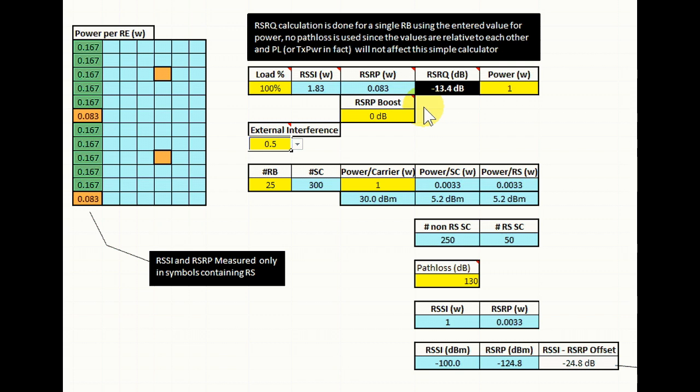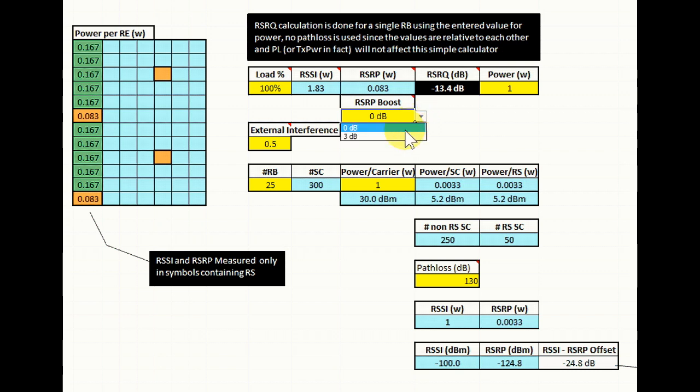In order to compensate for that, one thing that's available to the operator, and this may depend on the vendor of the base station, but it's pretty typical, is that you'll be able to boost the power behind the RSRP. So I've got a very simple option here. At the moment we have 0 dB power boosting, and so the reference signal power is effectively the same as all of the other resource elements of the serving cell.